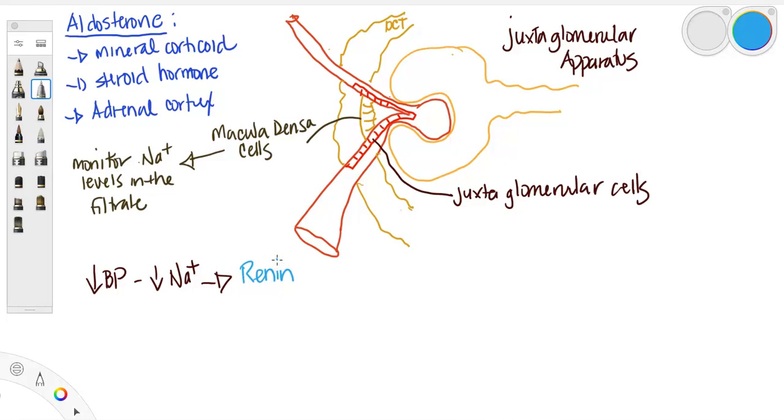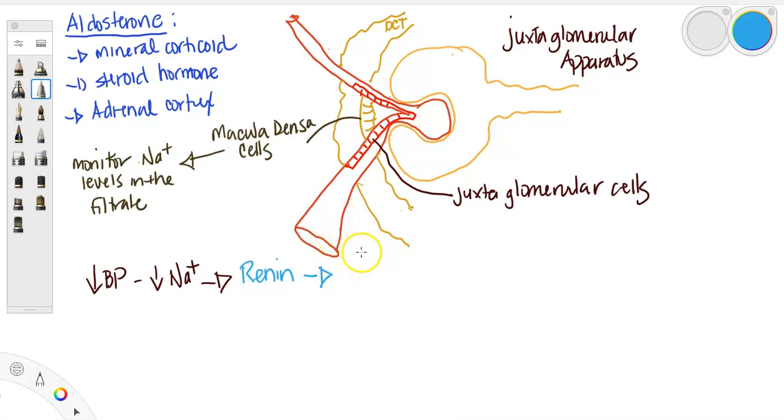So renin is secreted by the juxtaglomerular cells, and it is secreted into the blood.